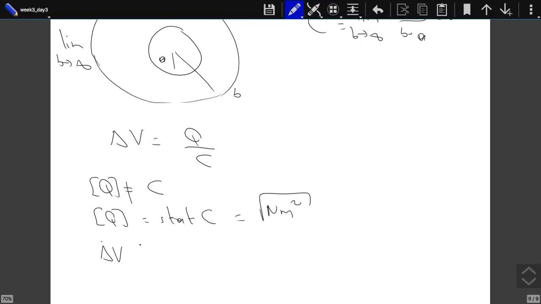Well, let's look at it this way. Delta V times Q should have the units of Q squared over C. What's the unit of delta V times Q? What's the energy?